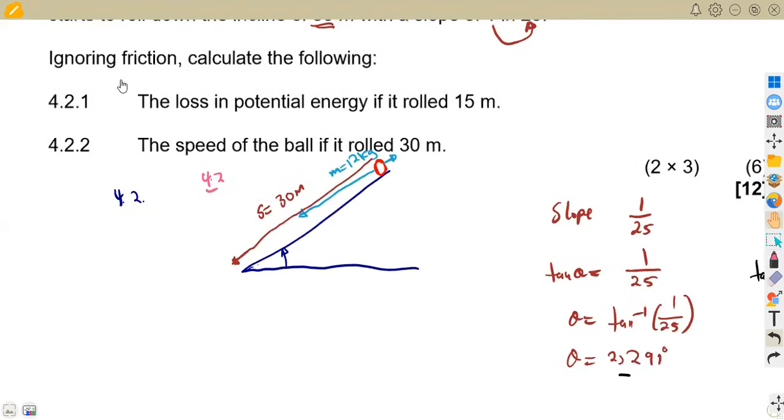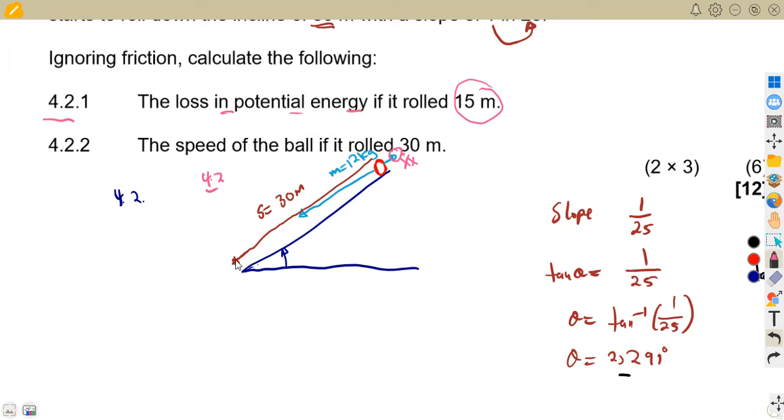So our question was ignoring friction. This part of friction that I was indicating here, they are saying we must not include this one, ignore this part. Calculate 4.21, the loss in potential energy if it rolled 15 meters. Remember, the ball is going to the ground, which is 30 meters.